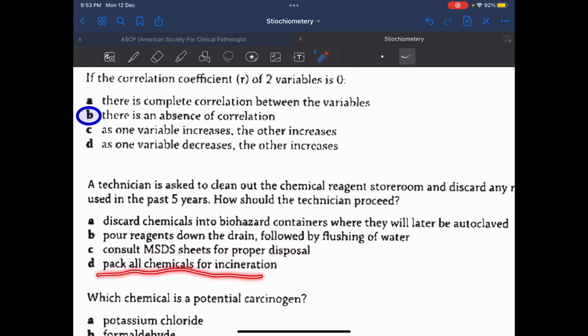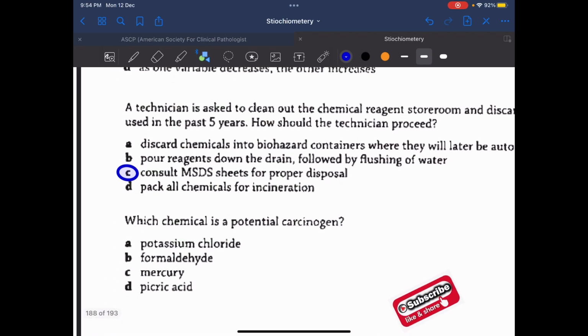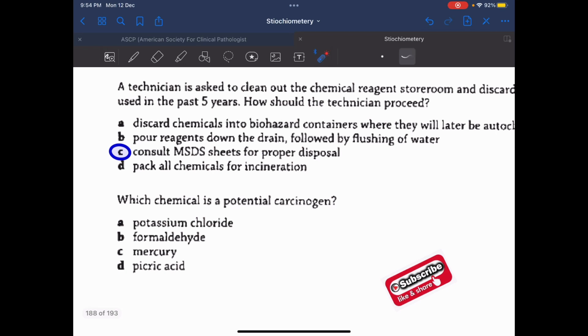Pack all chemicals for incineration. The correct answer is consult the MSDS, which is the safety data sheet, for each chemical to tell you how to dispose of these chemicals. Which chemical is potentially carcinogenic? Potassium chloride, formaldehyde, mercury, picric acid. The correct answer is formaldehyde.